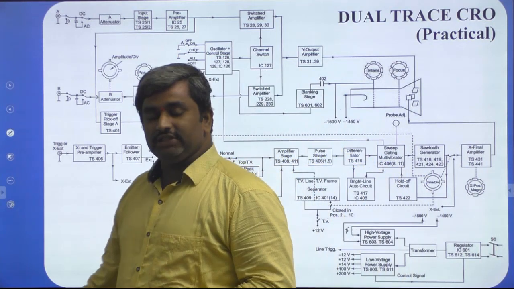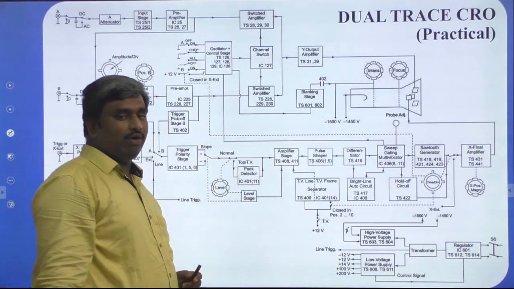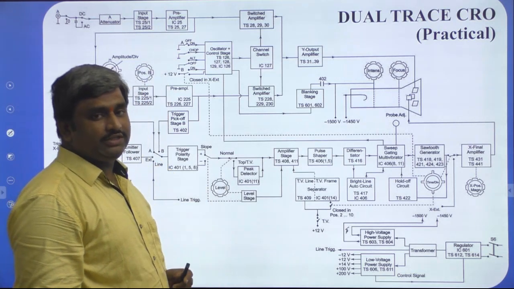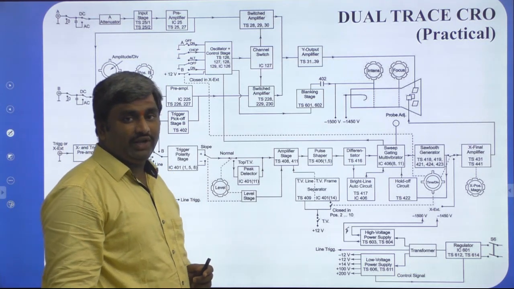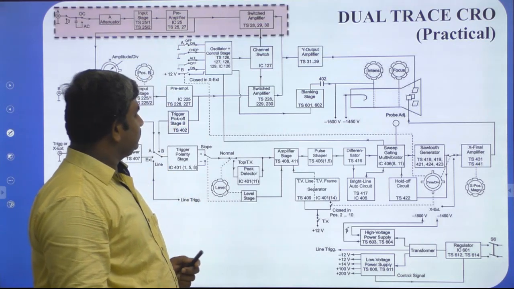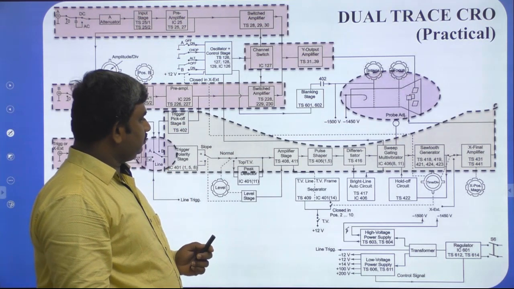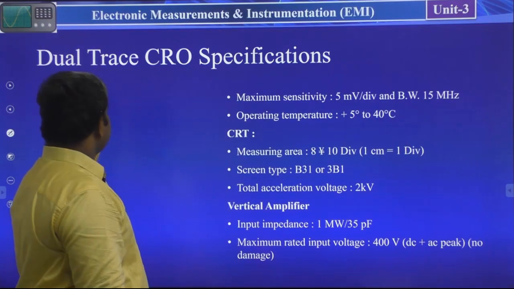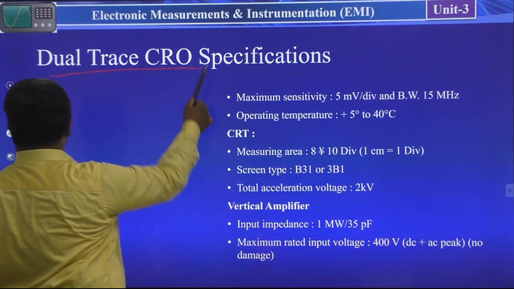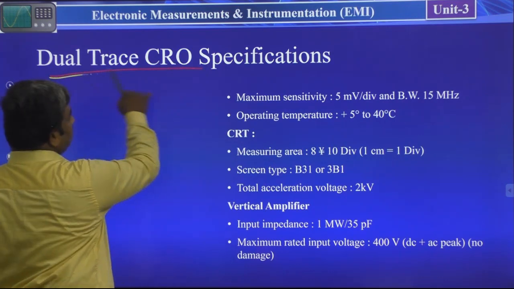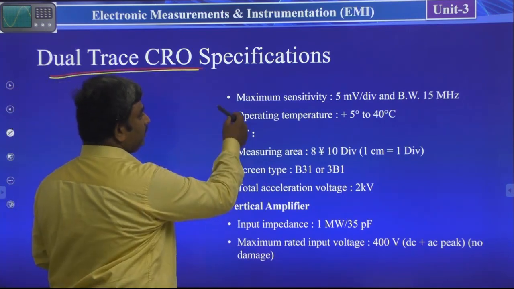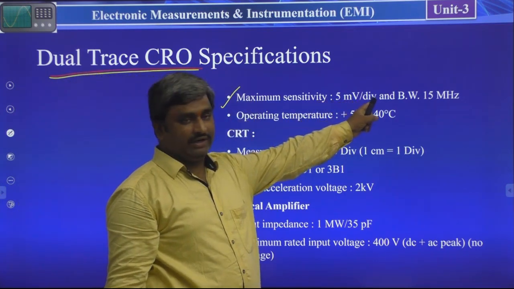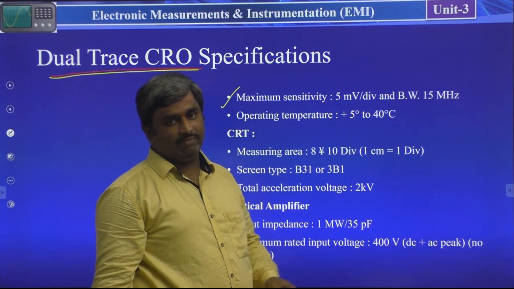For this type of dual trace CRO, we have a lot of specifications. Let us see the specifications of this dual trace CRO of 0 to 15 megahertz. The maximum sensitivity is 5 millivolts per division and the bandwidth is 15 megahertz.